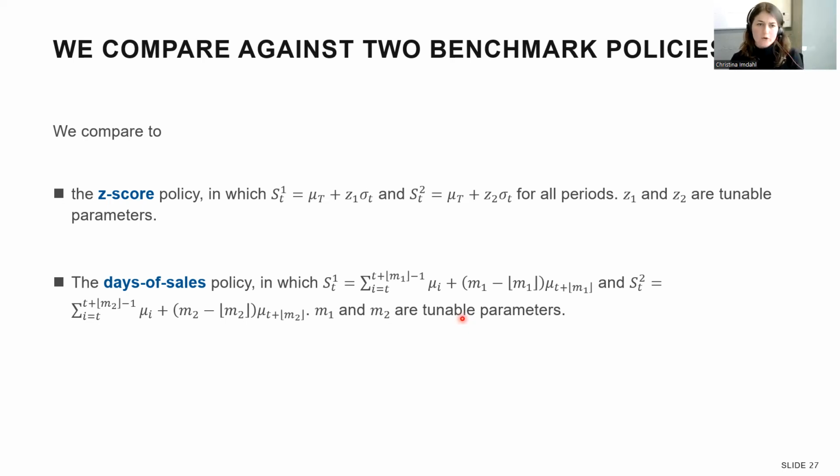So you can see both of the policies counteract one thing, but they don't look at another thing. For example, the Z-score policy doesn't take the capacity or the future capacity into account, while the days of sales policy doesn't take the variability into account. They take the non-stationarity into account, but not variability, and also not the capacities.